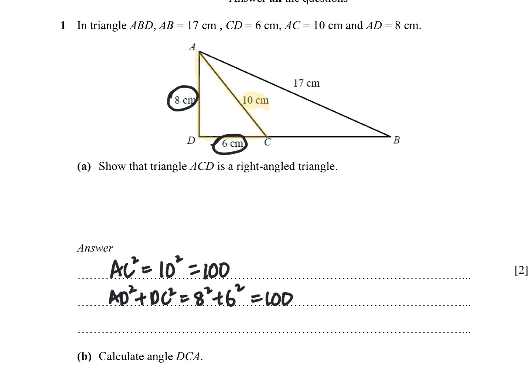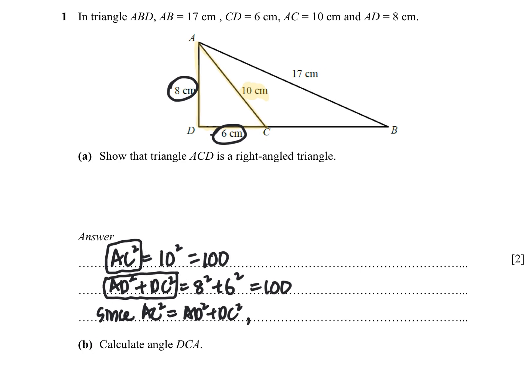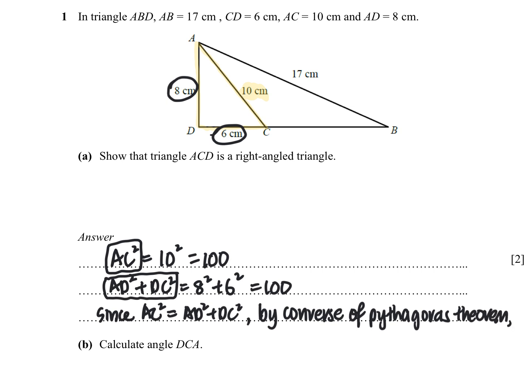So if you can show that these two are the same, okay, so since these two are the same, by converse of Pythagoras theorem. Okay, just by doing this, you can get 2 marks for your exam. Triangle ACD is a right angle triangle.